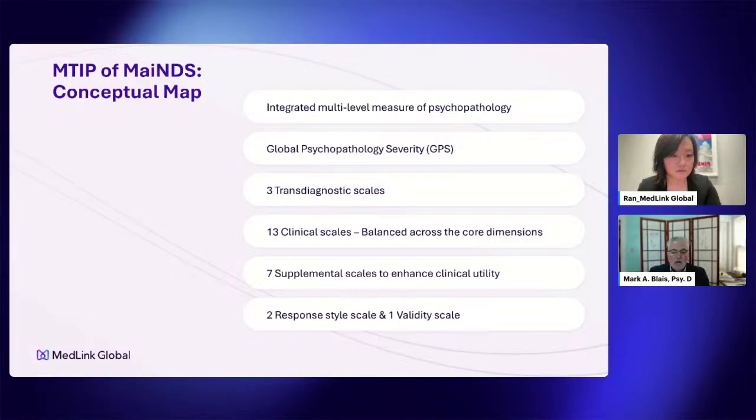There are 4 internalizing, 5 externalizing, and 4 thought impairing disorders at this level. The clinical scales then reorganize into the 3 transdiagnostic dimensions or transdiagnostic scales: emotional dysregulation, behavioral dysregulation, and thought dysregulation.